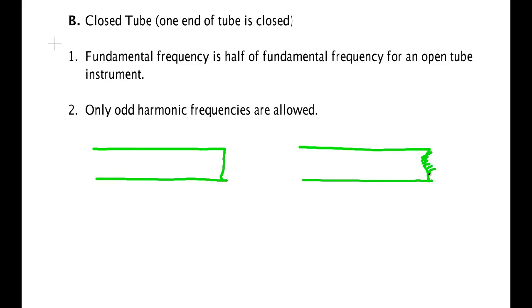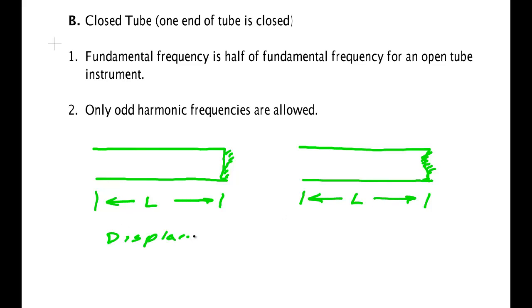So, closed on one end. Still talking about the same length, L. Same length, L here. And this will be displacement. And this will be pressure. Now, what's changed? Well, what's changed is right here.